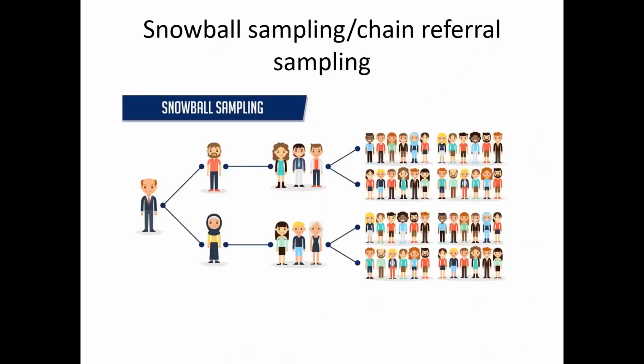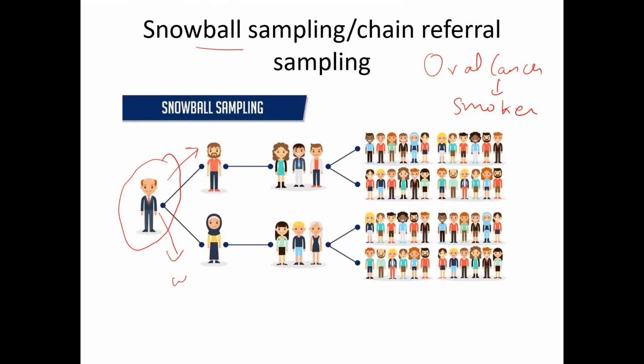Now next, moving on to snowball sampling. For example, you do your study on oral cancer patients, particularly on smokers. You identify a single smoker, and you tell him to please refer your other friends who smoke.